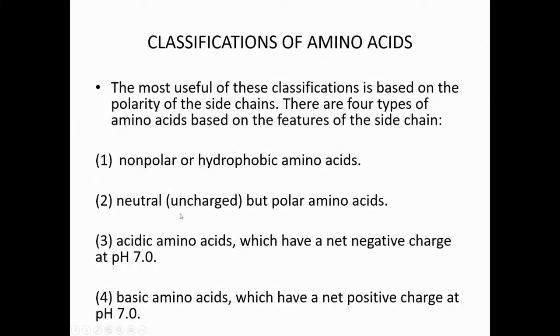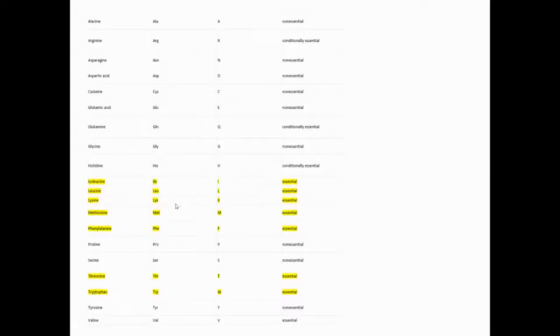Within the polar amino acids, we have neutral, which is uncharged, acidic, which is negatively charged, and basic, which is positively charged. So non-polar is hydrophobic, and these 3 are polar: uncharged, negative charge, positive charge. These are the 4 different groups of amino acids.